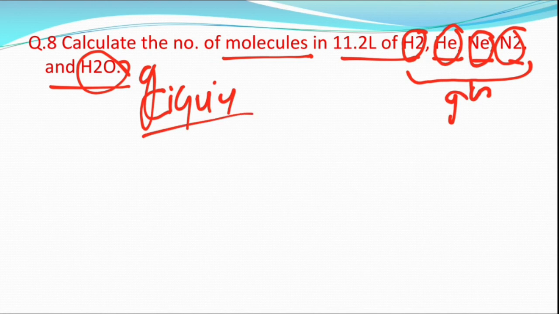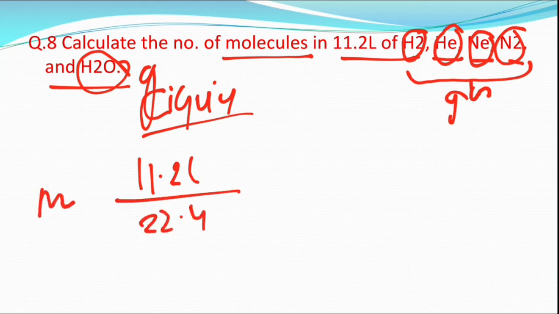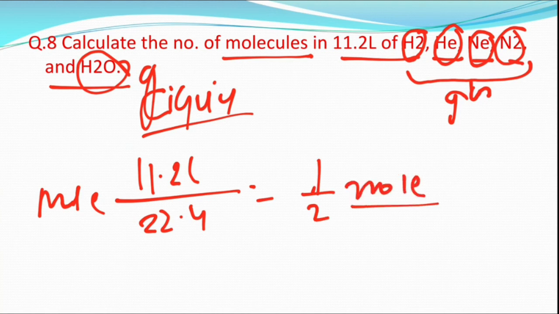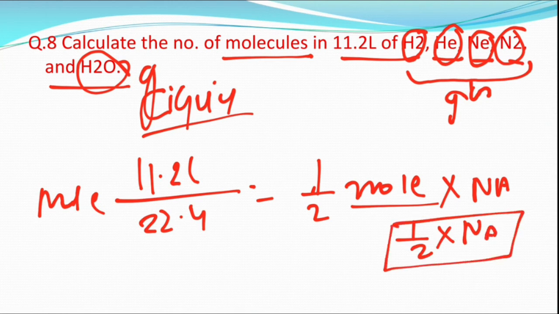Okay, so in 11.2 liter there will be half mole of gas, and half mole means half mole into Avogadro number of molecules will be half into Na. But in the case of water, this is not half mole, we have to go through a different kind of calculation.